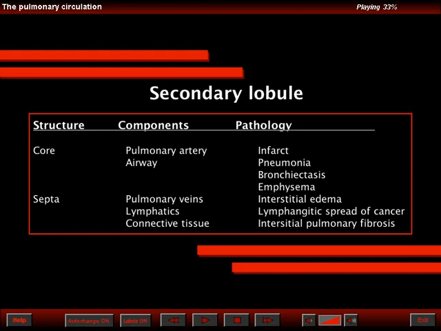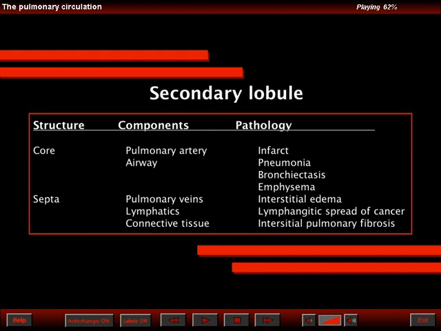When we look at the septa of the secondary lobule, we note that they contain the beginning of the pulmonary venous system, lymphatics, and also have connective tissue. Disease of the pulmonary veins, particularly when increased pressure has occurred either permanently or temporarily, will lead to interstitial pulmonary edema.